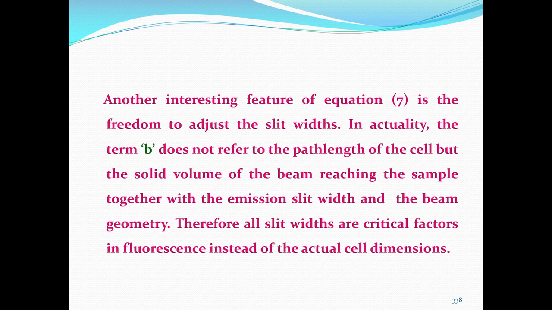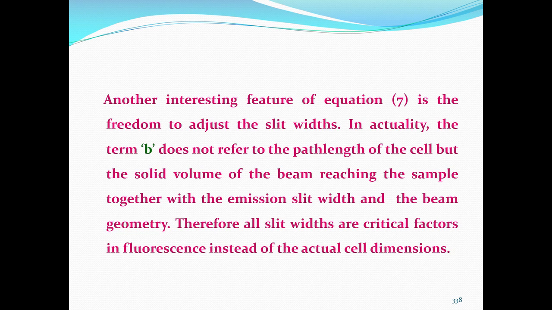Therefore, there is no absolute fluorescence nowadays, even though there are a couple of instruments where you can present the absolute fluorescence, but it is not actually absolute fluorescence at all.